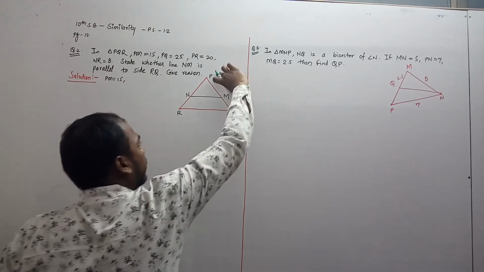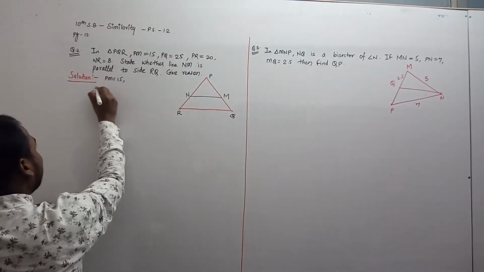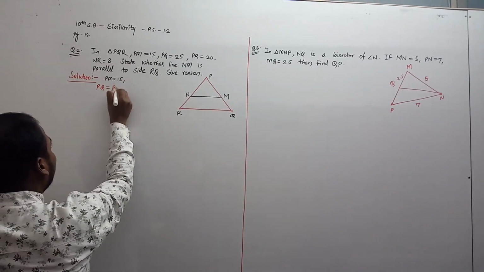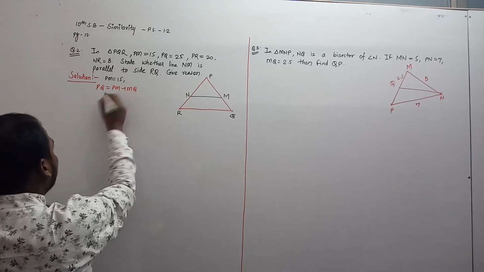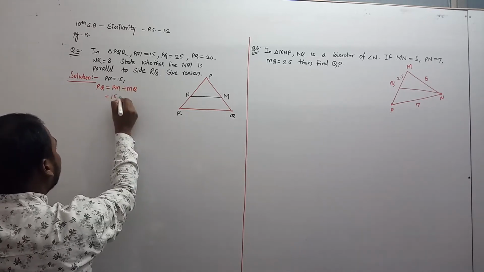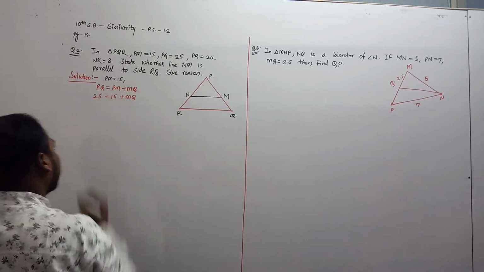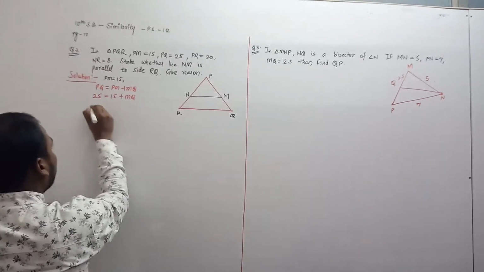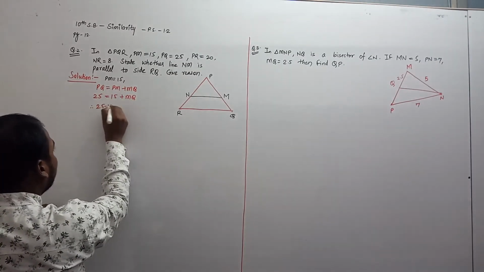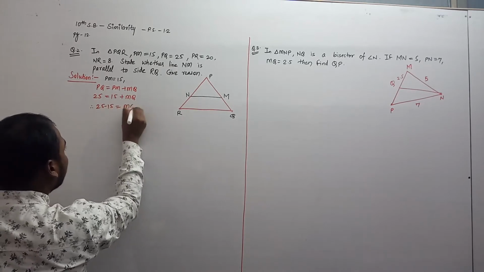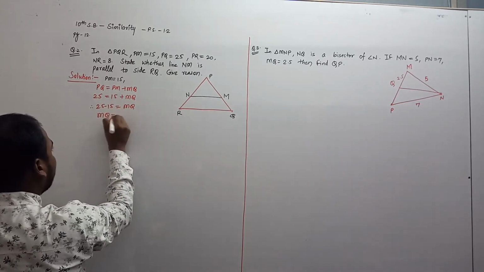PQ is nothing but PM plus MQ. We have the PM value, 15, MQ is unknown, but the PQ value they have given is 25. So we write 25 at this place. Therefore, 25 minus 15 is equal to MQ. So we get the MQ value as 10.